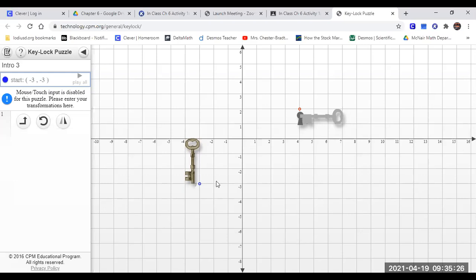To move the blue dot to the red dot. We want to spin it? Okay. Because remember, it doesn't matter what you choose first. It's just that it'll impact what you choose next. Okay, so we want to spin it.